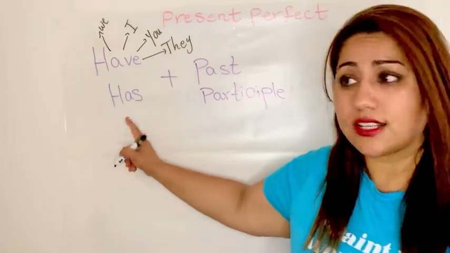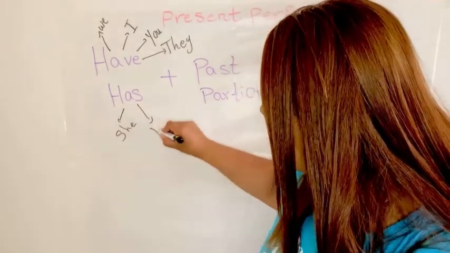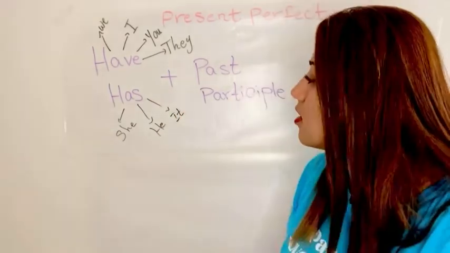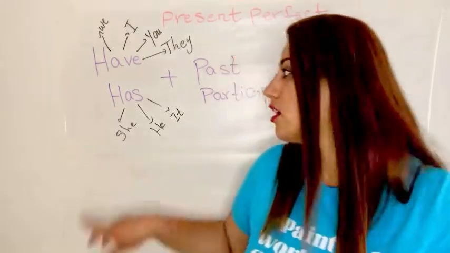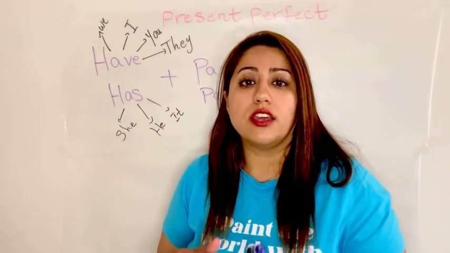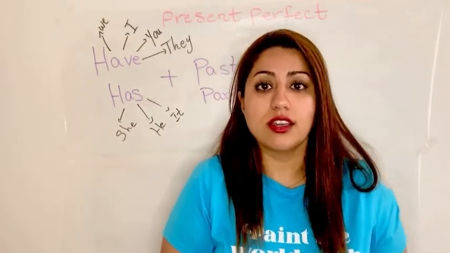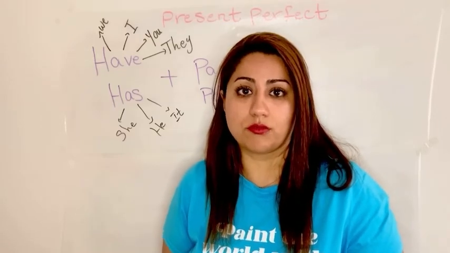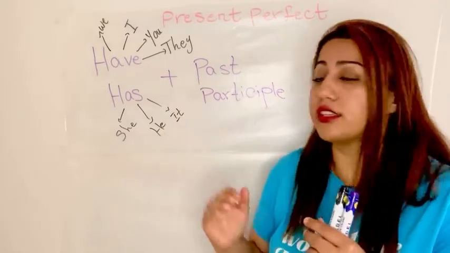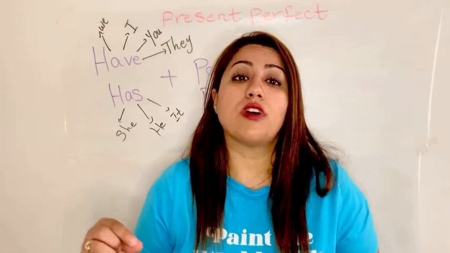For has, things change. We have she, he, and it. She has, he has, and it has. It has been. She has gone. He has broken. For shorter forms of present perfect, we use I've, in short form of I have.